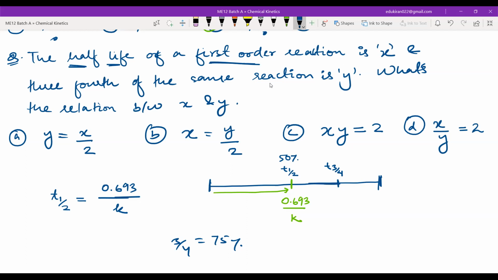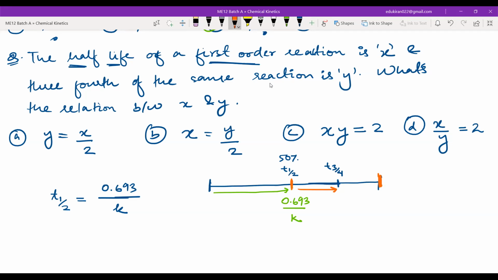Now I will trace this reaction. Whatever reactant is remaining here, this is again the half of this. If I take this and this as one complete reaction, this is the other half now.